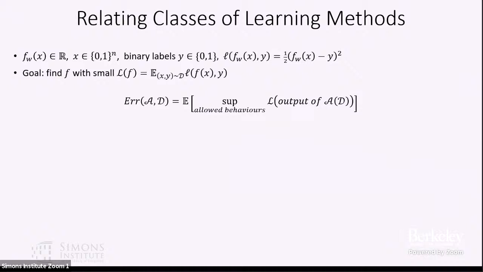The expectation is over the sampling or any random choices the algorithm makes. And there's also a supremum here. Some of our methods are going to be non-deterministic, in the sense that they have all kinds of allowed choices they can make. For example, ERM is not a specific method. There may be many ERMs, and the algorithm can choose any one of them, right? So this is an arbitrary choice the algorithm makes. This supremum is over all these allowed choices the algorithm can make.